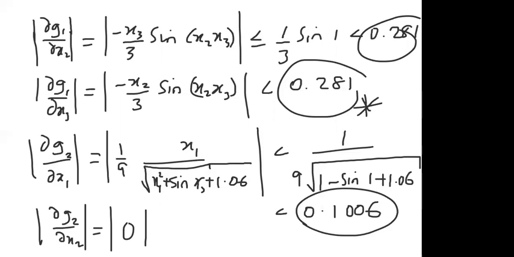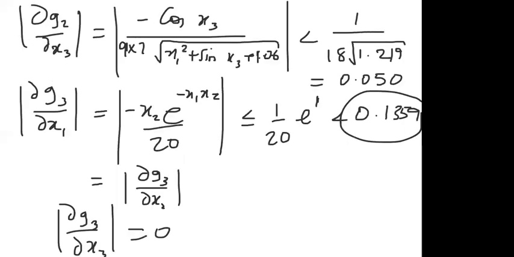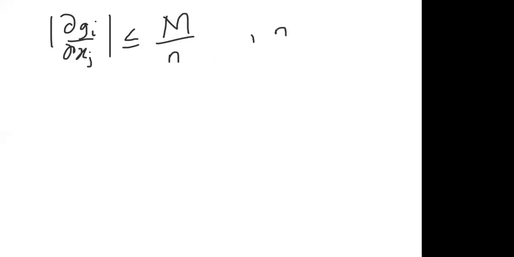Because the condition there just says partial of Gi with respect to xj should be less than or equal to m/n. So I know n in this case is just equal to 3, number of variables, which is also equal to the number of equations.